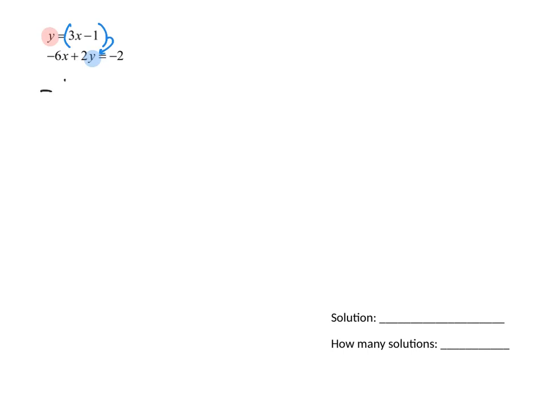So negative 6x plus 2 times my substitution, 3x minus 1, equals negative 2. There's my first substitution. And then we substitute the y. It's gone.